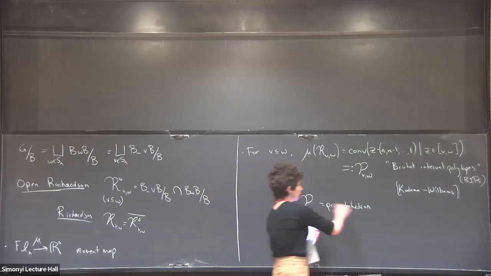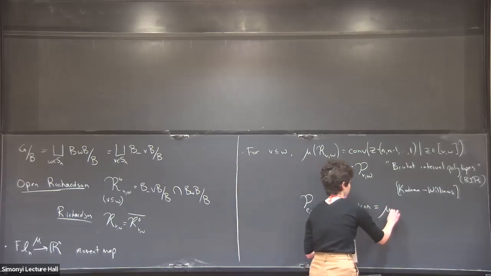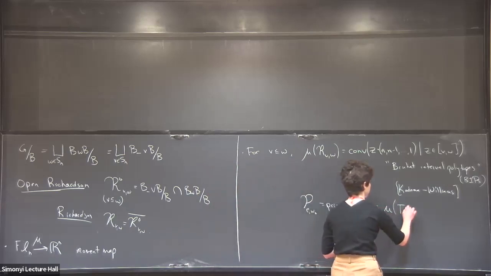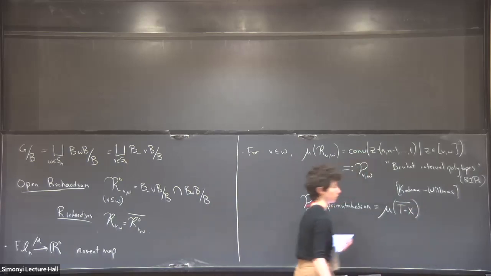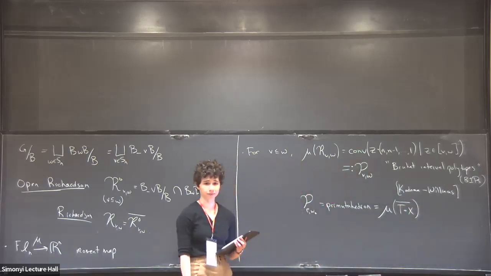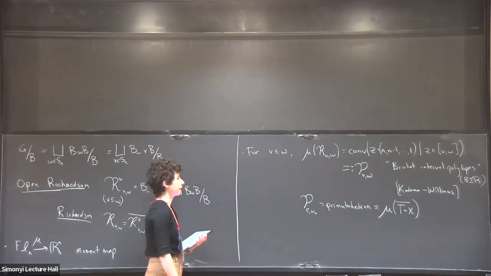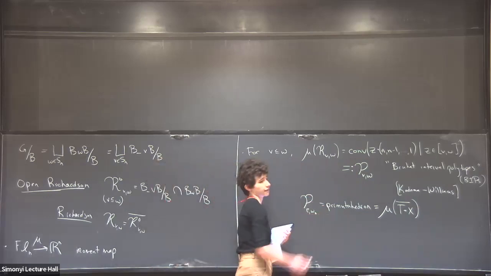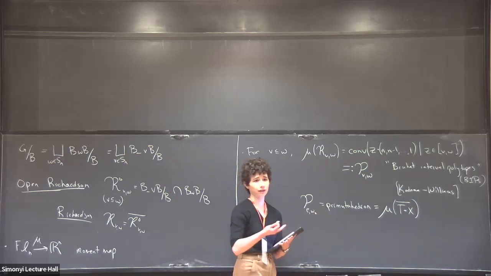We said already the permutahedron is the same thing as the moment map image of this generic torus orbit closure, which is the permutahedral variety. But then there are loads more Bruhat interval polytopes, and they'll all be sitting inside the permutahedron on some subset of the vertices.